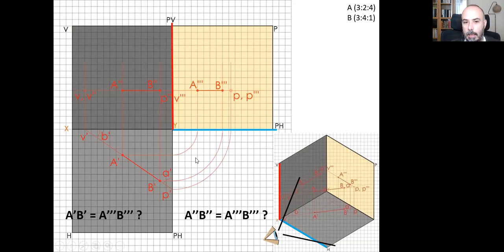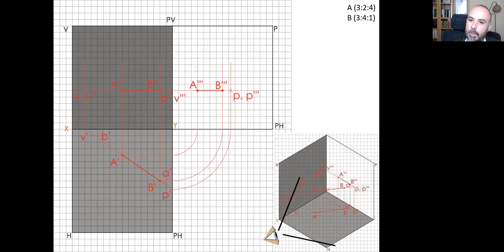Again, I cannot say that the actual length of this line is equal to A double prime, B double prime, or A triple prime, B triple prime. They are not the same. Because of the position, the actual line seems smaller. And this is the last thing that I will do.